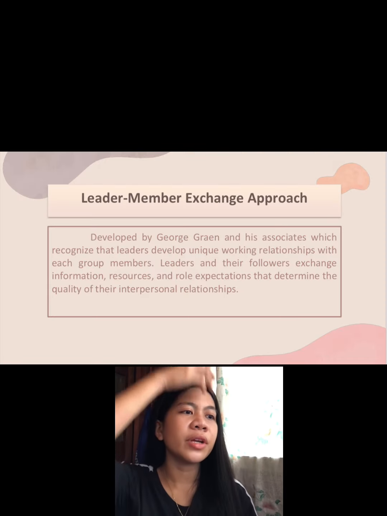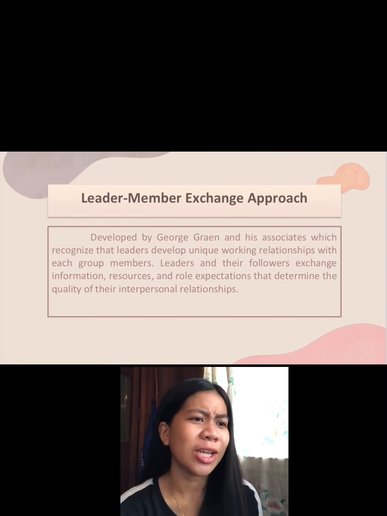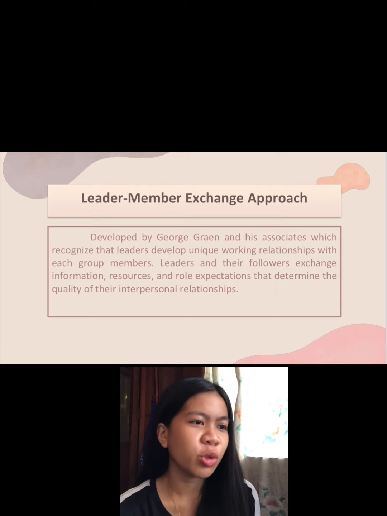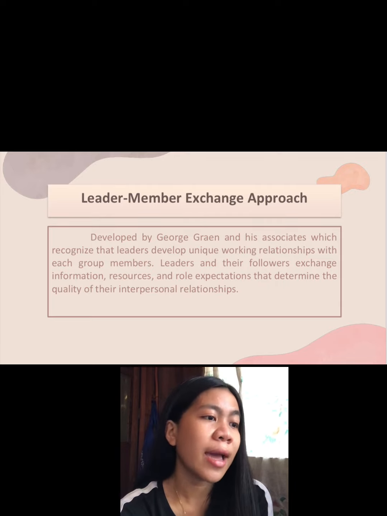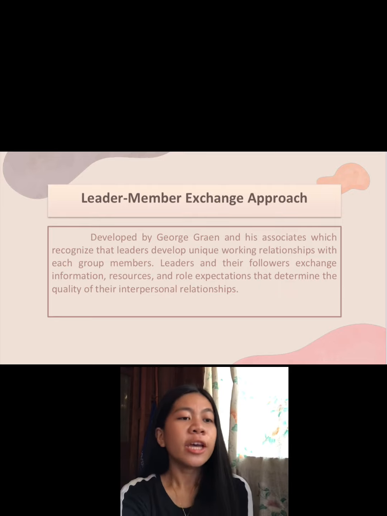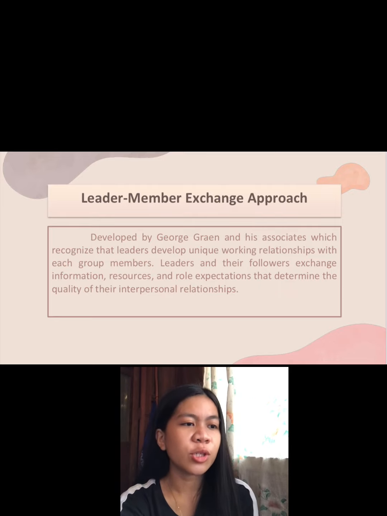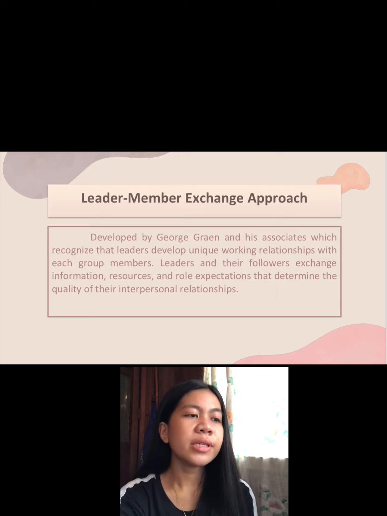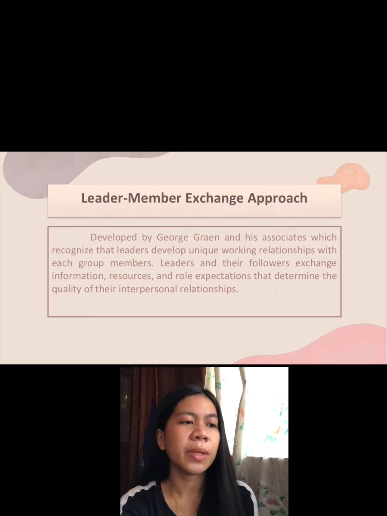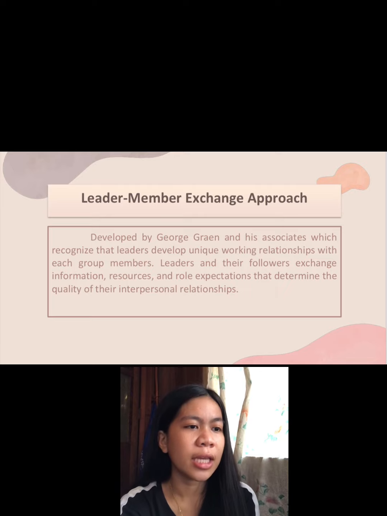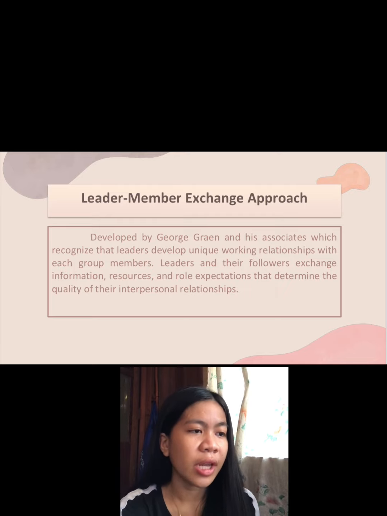So we also have here the leader-member exchange approach developed by George Graen and his associates, which recognizes that leaders develop unique working relationships with each group member. Leaders and their followers exchange information, resources, and role expectations that determine the quality of their interpersonal relationships.